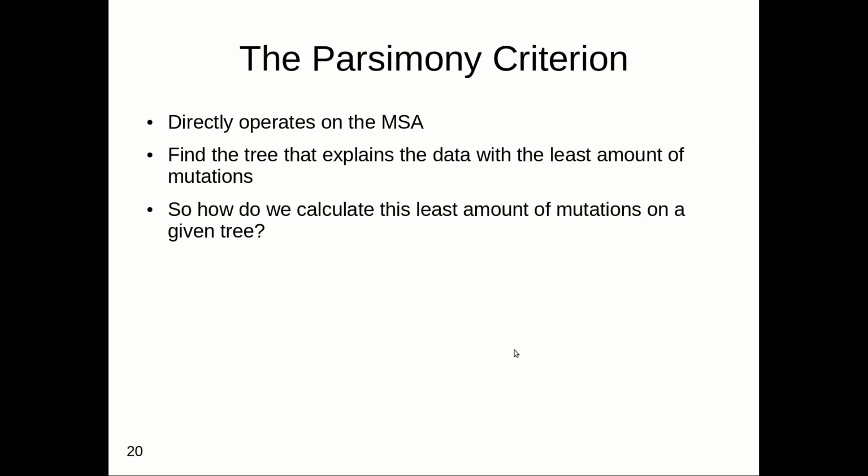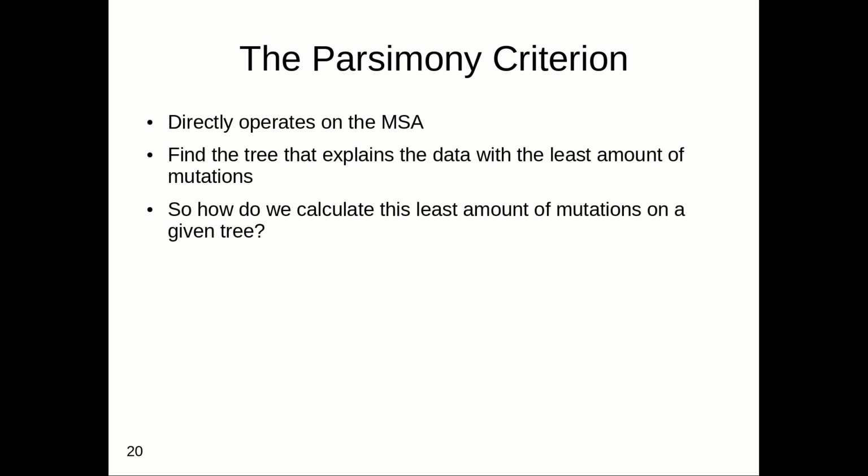Okay, so now let's talk a little bit more about the parsimony criterion. Since it's a character-based method, it directly operates on the MSA, and it attempts to find the tree that explains the data with the least amount of mutations.